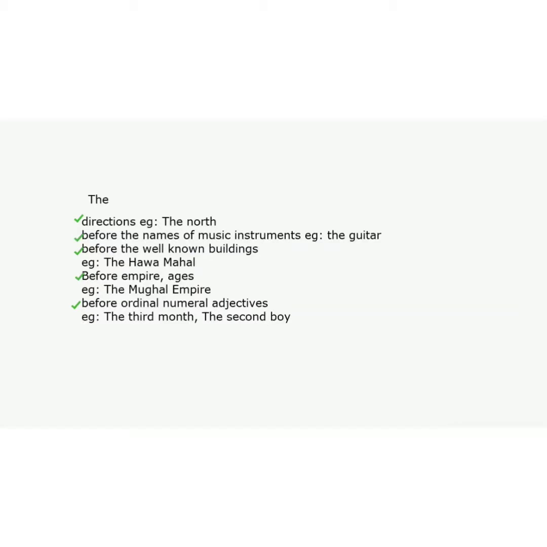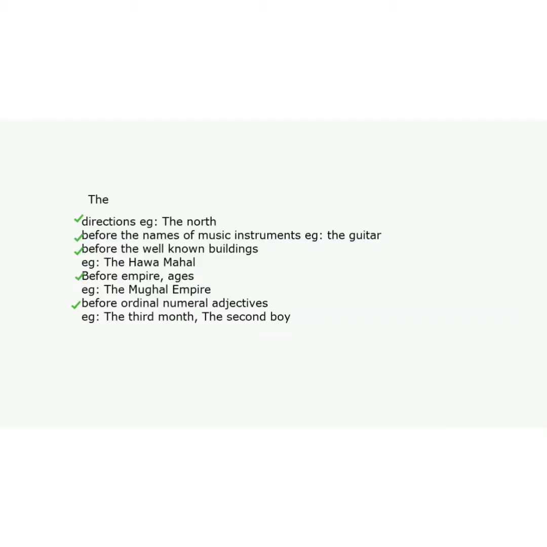Next, whenever we talk about empires or ages, for example, the Mughal Empire, the Maurya dynasty. Next, whenever we use the ordinal number adjective, there also we will use the. For example, the third month, the second boy. The second boy sitting in the class is my best friend. So that is how we can use the.